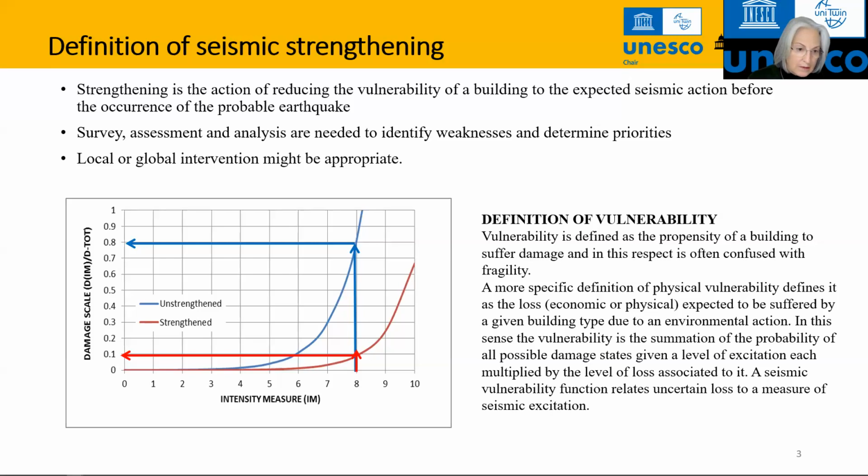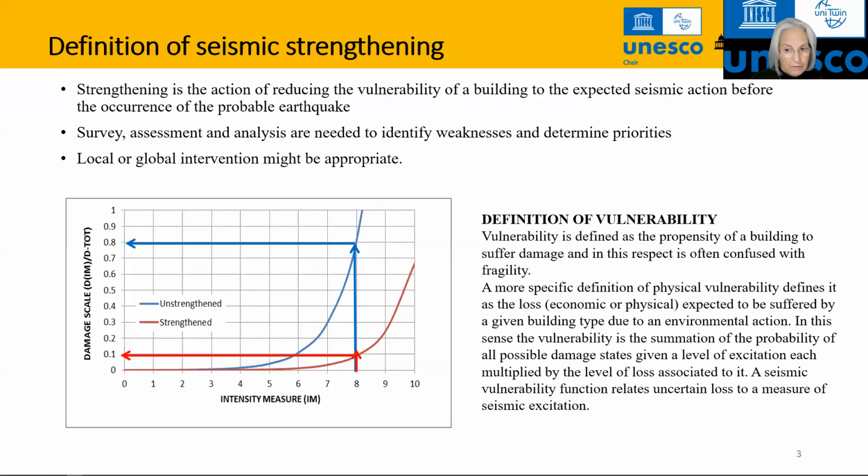It is worth here to have a definition of vulnerability so that we can relate later the strengthening to the vulnerability, and then why do we make reference to the more general framework of fragility and risk. So vulnerability is defined as the propensity of a building to suffer damage, and in this respect is often confused with fragility.